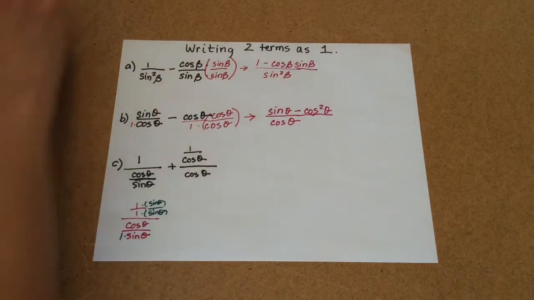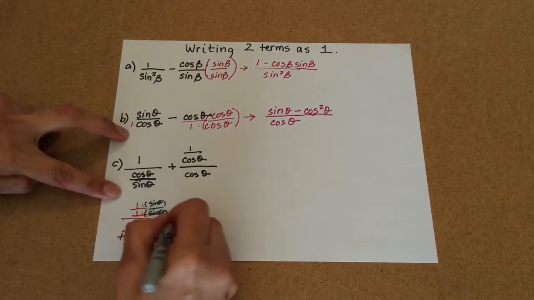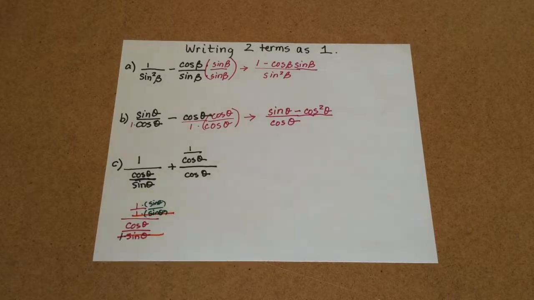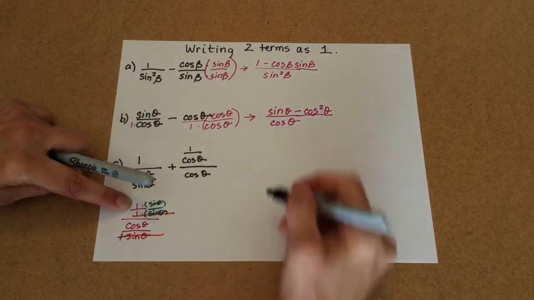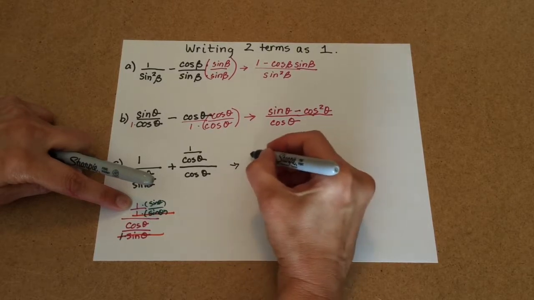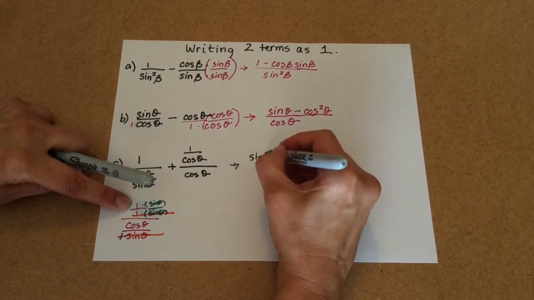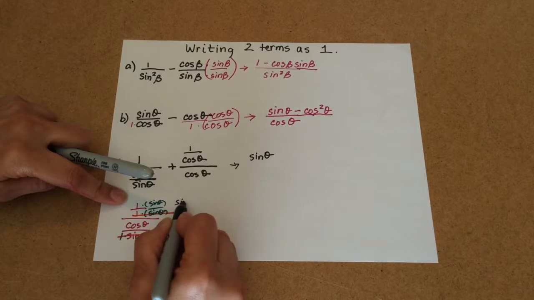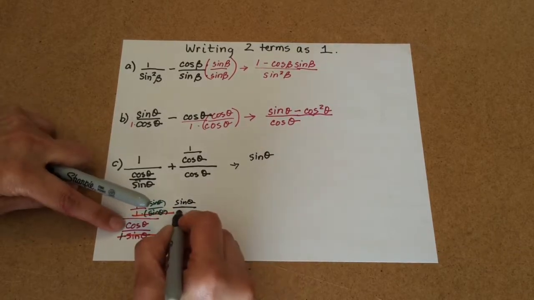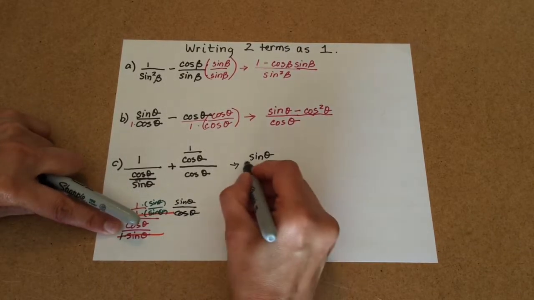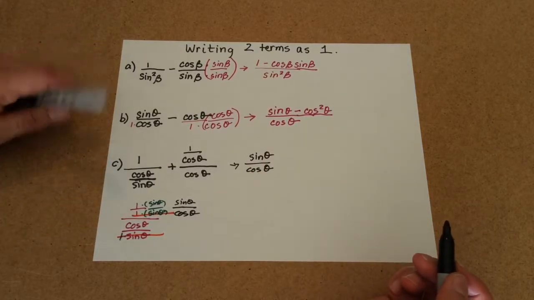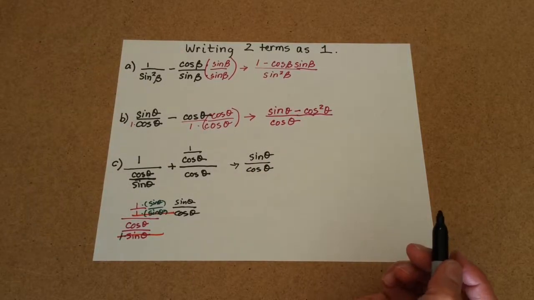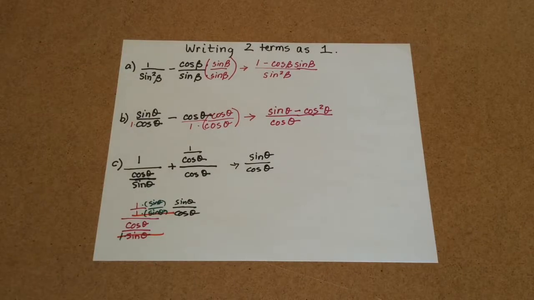We can simplify them. And so our new fraction, this fraction simplified, is sine of theta, which is the answer to that right there, over cosine of theta. Okay, and there's other ways you could go about finding that, but let's just go with that for now.